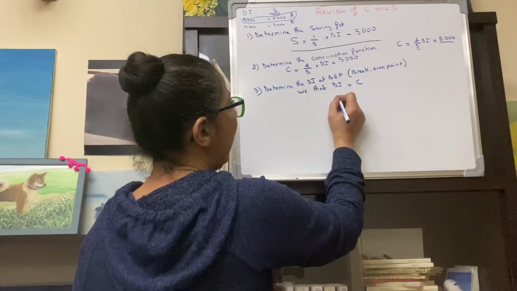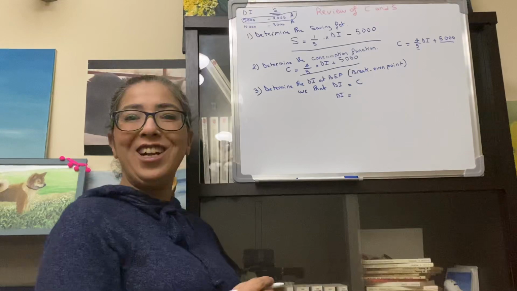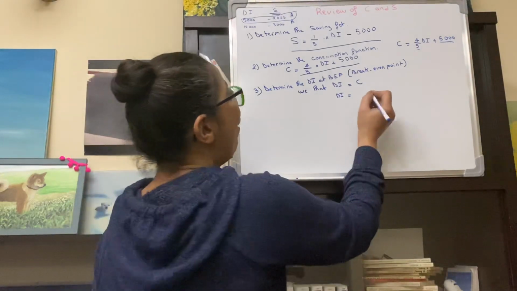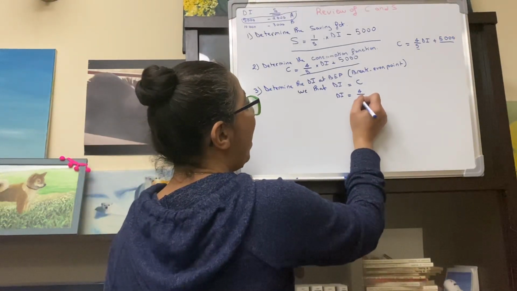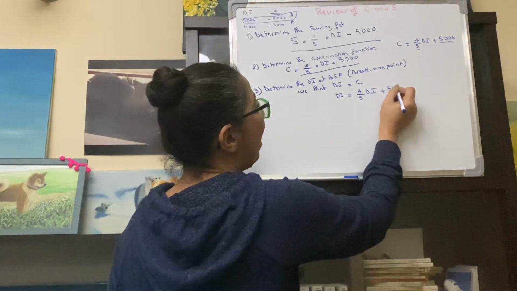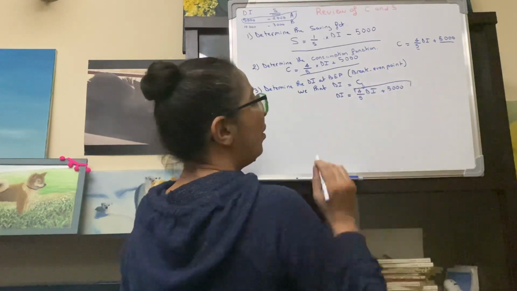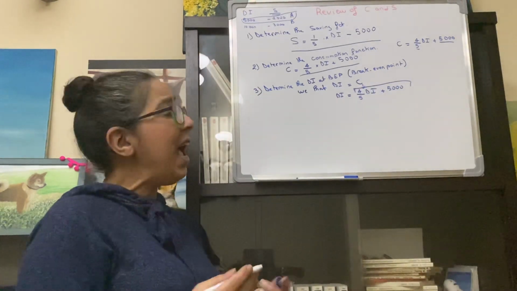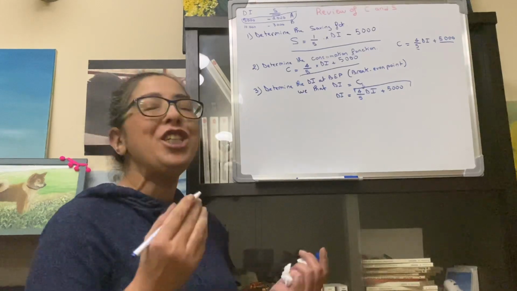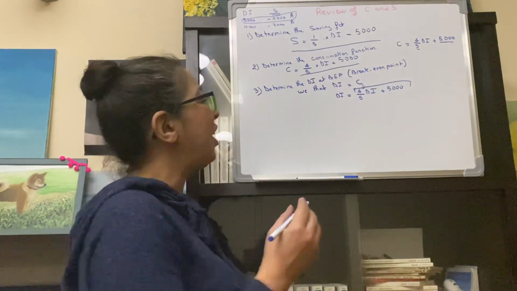So DI is equal to this thing over here. Easy. 4/5 DI plus 5,000. That's our C function. Okay? And now we have one unknown, which is our DI. So we're going to have to make some calculations and then we're done.